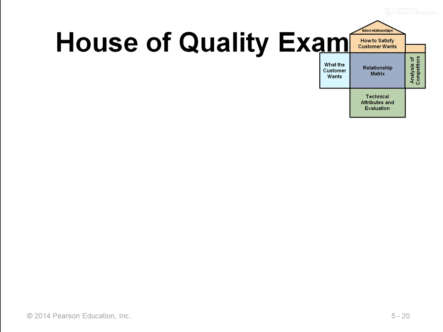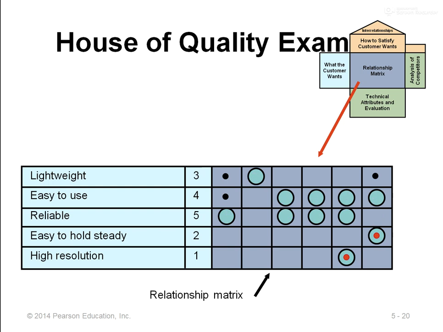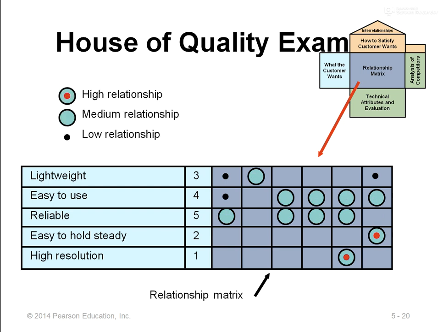And then after that, we create a relationship matrix that relates the customer's needs and how we can satisfy those customers. For instance, a high relationship is shown as a blue circle with a red dot.